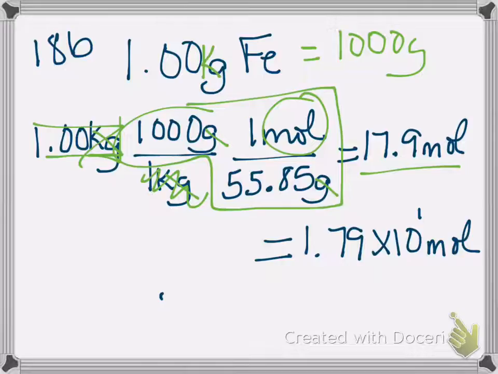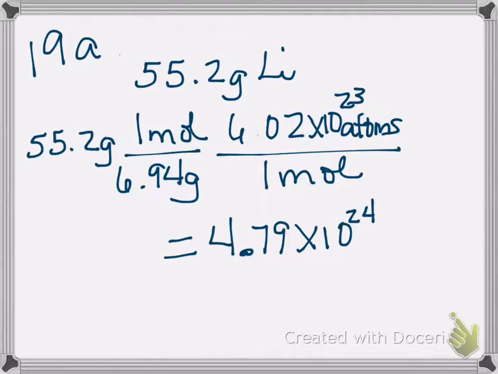Okay. All right, 19A. How many atoms are in each of the following samples? So we're going for atoms now. We've done moles and grams so far. Now we're going to try to find the number of atoms in something. So if you have 55.2 grams of lithium, okay, how many atoms is that? So we start off with 55.2 grams. 1 mole of lithium contains 6.94 grams.